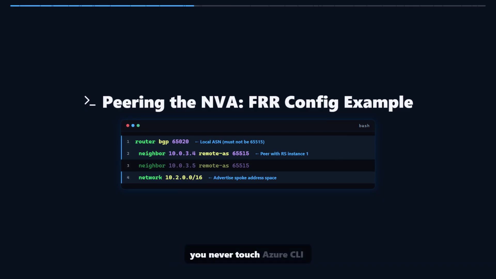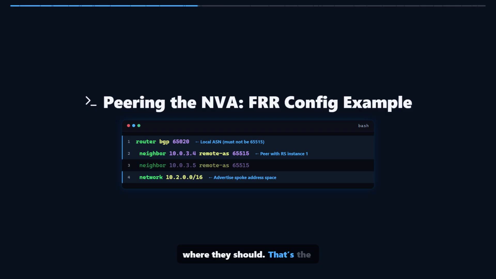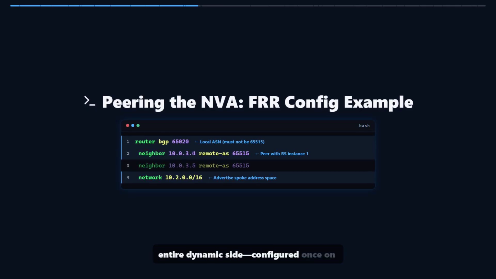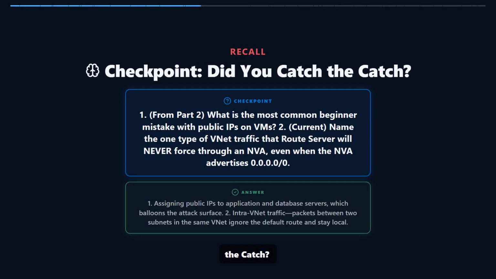Notice you never touch Azure CLI for routing after this. The NVA speaks BGP, route server listens, and the routes land where they should. That's the entire dynamic side, configured once on the appliance, not repeated in every VNet. Recall. Checkpoint. Did you catch the catch?